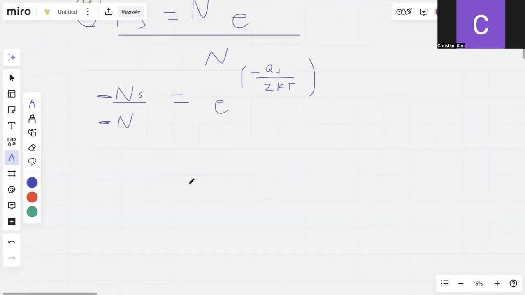So then essentially what we need to do is just plug in the values for the right-hand side.